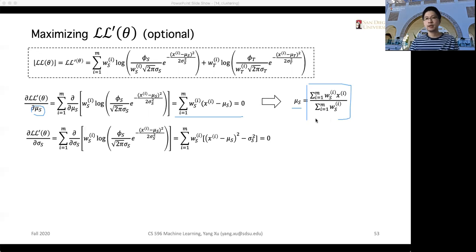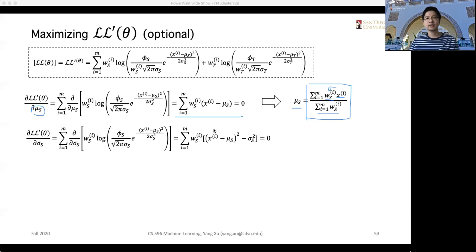It's the weighted summation of all x, weighted by the posterior values of salmon, divided by the summation of all the posteriors. We will analyze the meaning of this term later in the next slide.